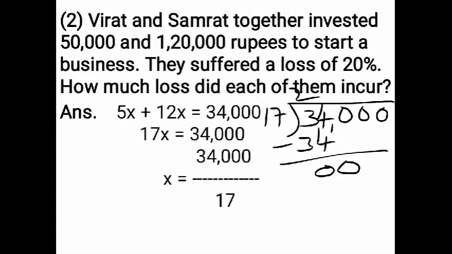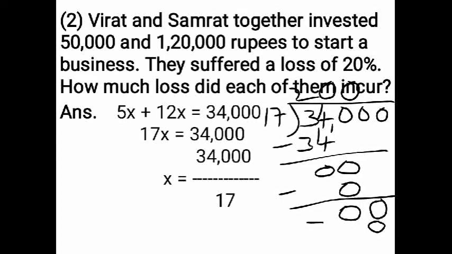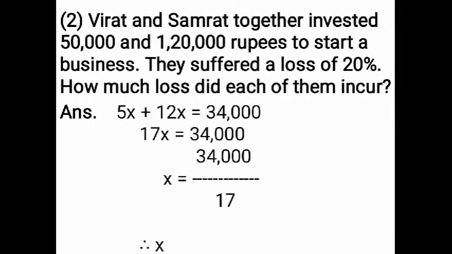Bring down the 0. 17 zeros are 0. Then the second 0, bring it down. 17 zeros are 0. Then the last 0 you have to bring down. 17 zeros are 0. Therefore, x is equal to 2000. I got the value of x.